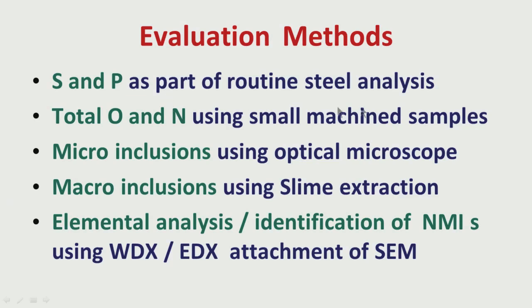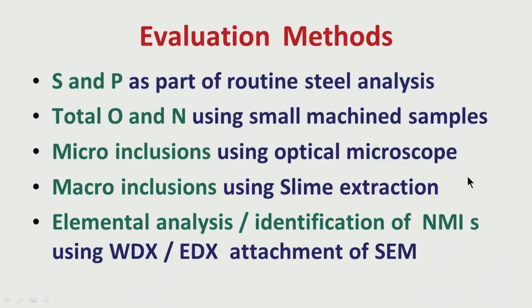This is normally not done for routine analysis, but should be done for making good quality steel, because we should have an idea of what is the level of oxide cleanness, what is the level of nitrogen, because all these elements are quantitatively specified in today's high level or stringent requirements in the specific grades of steel. So, we have to be very careful during preparation and during evaluation.